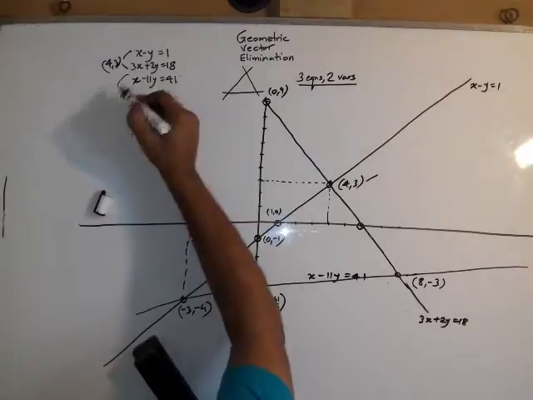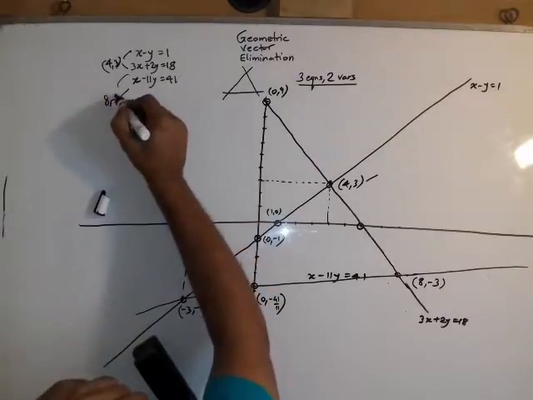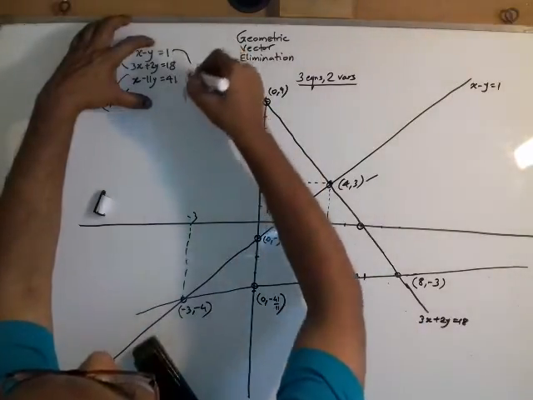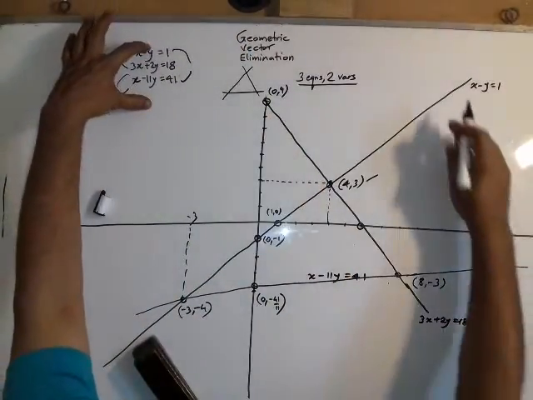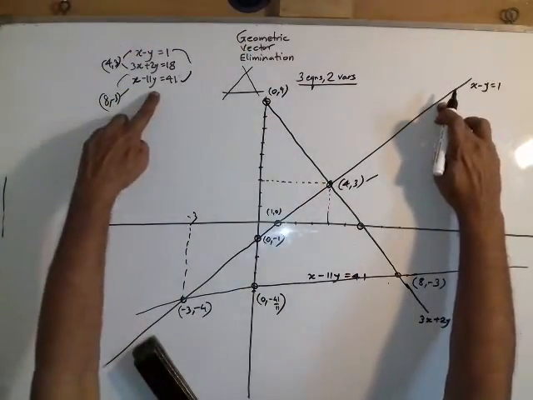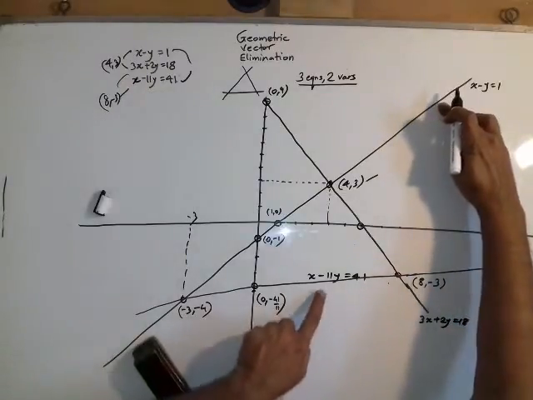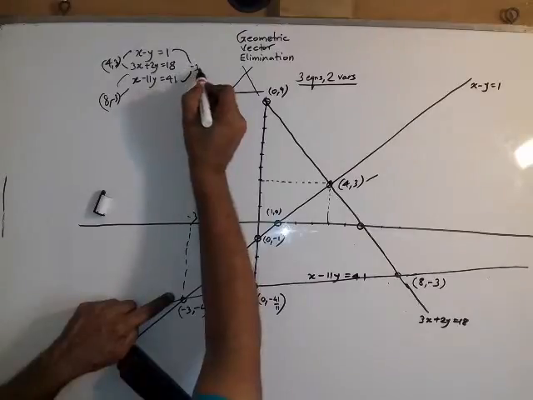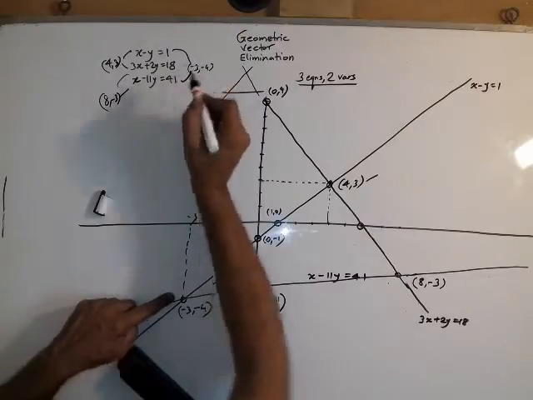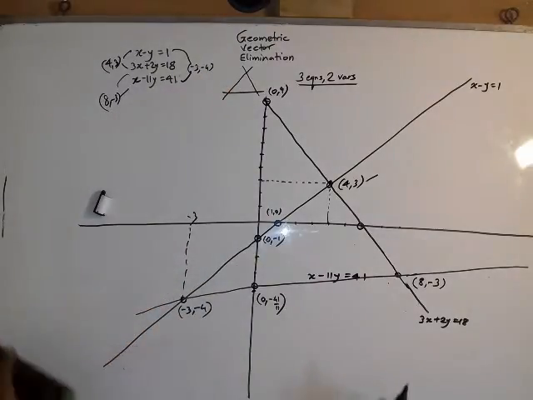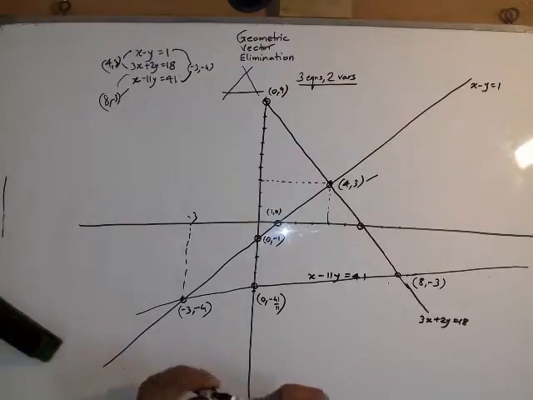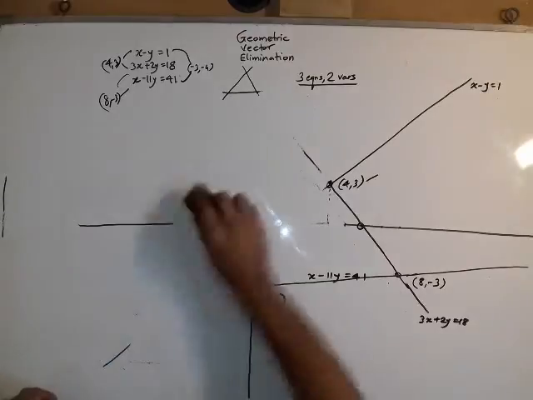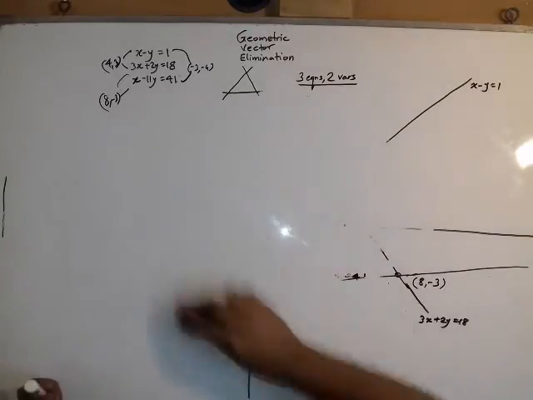That point of intersection is 8, minus 3. And the third pair is x minus y is equal to 1 and x minus 11y is equal to 41. These two meet here. So this point of intersection is minus 3, minus 4. That's what we got. We just did the geometric part in the xy plane. We're done with that. I want us to go on to the vector part now.